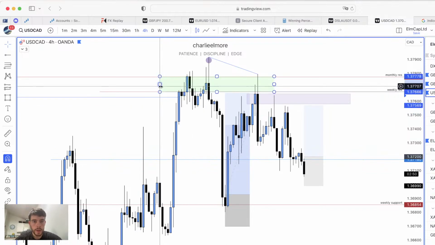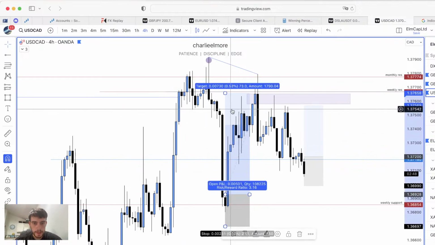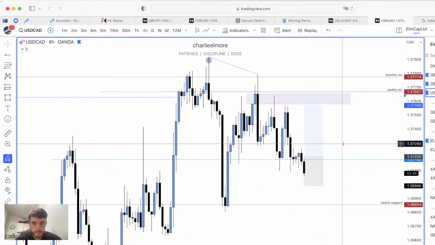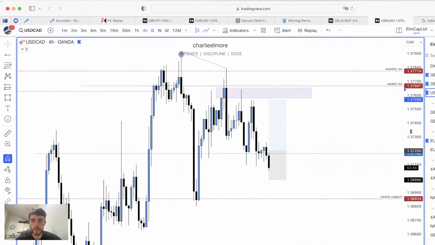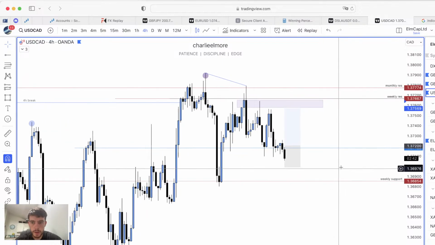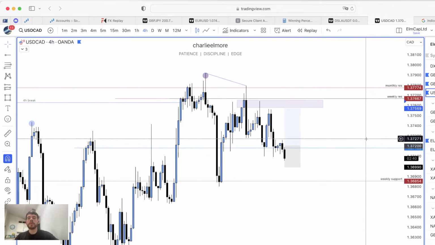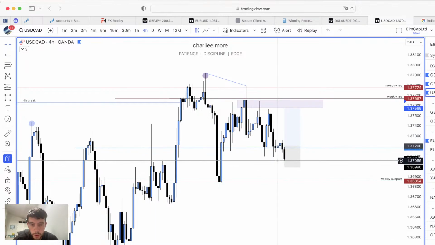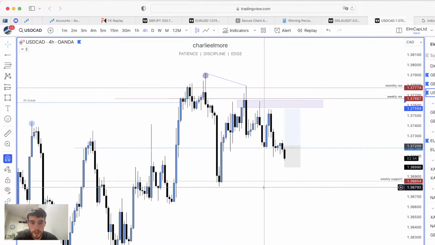So these are the concepts that we're rolling with from now on, for myself anyway. So I hope that made sense. Obviously, like I said, if we hit stop loss, it hits stop loss, at which point I'm going to be looking for this low to be taken.